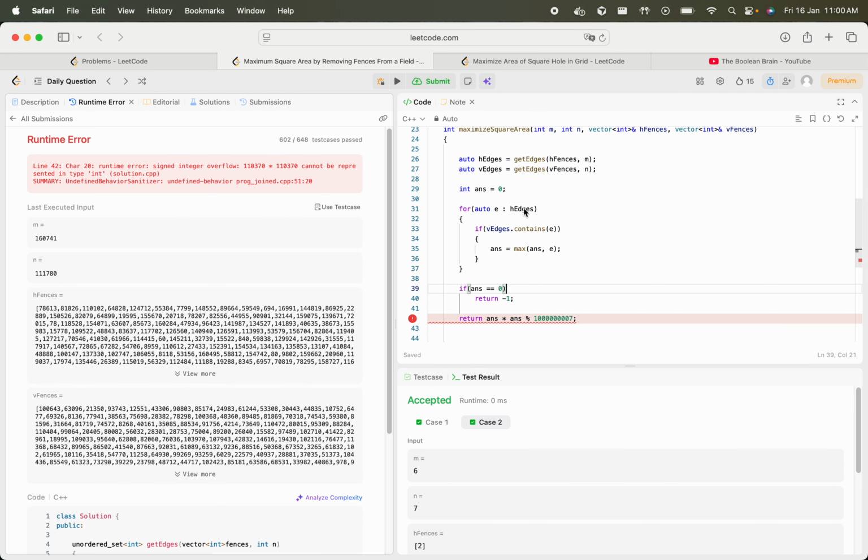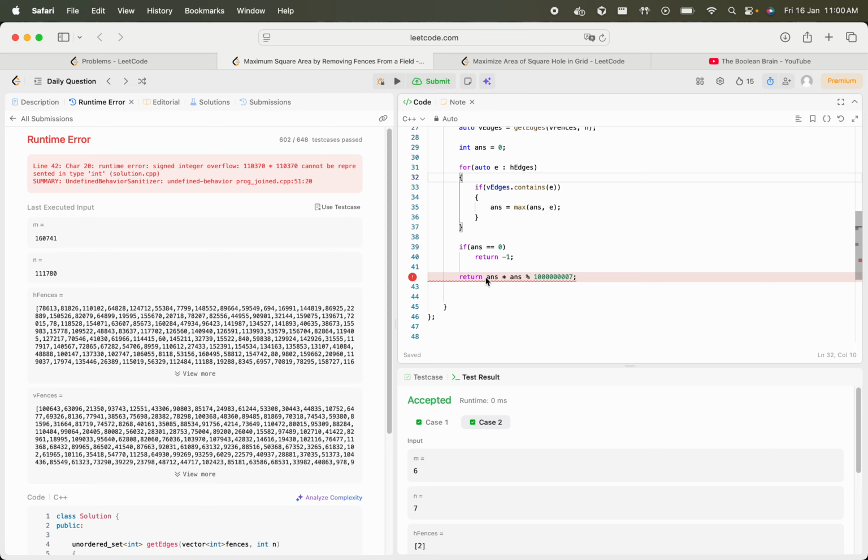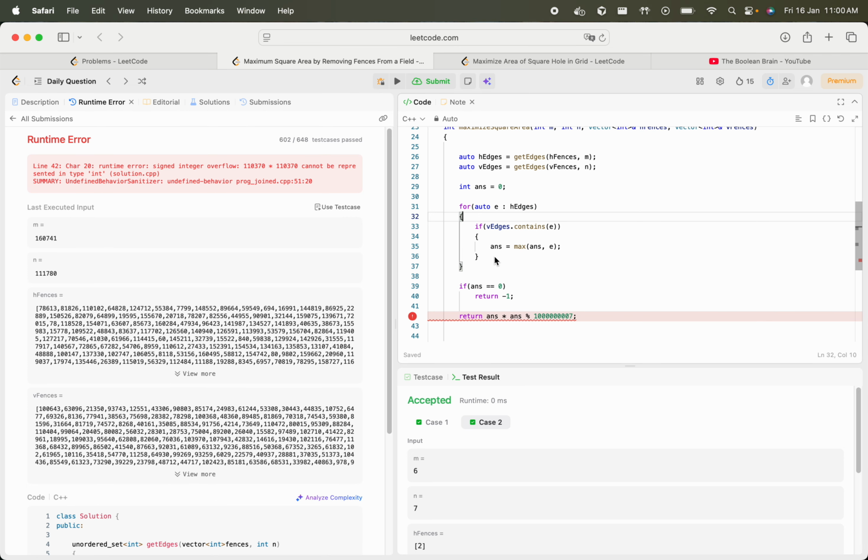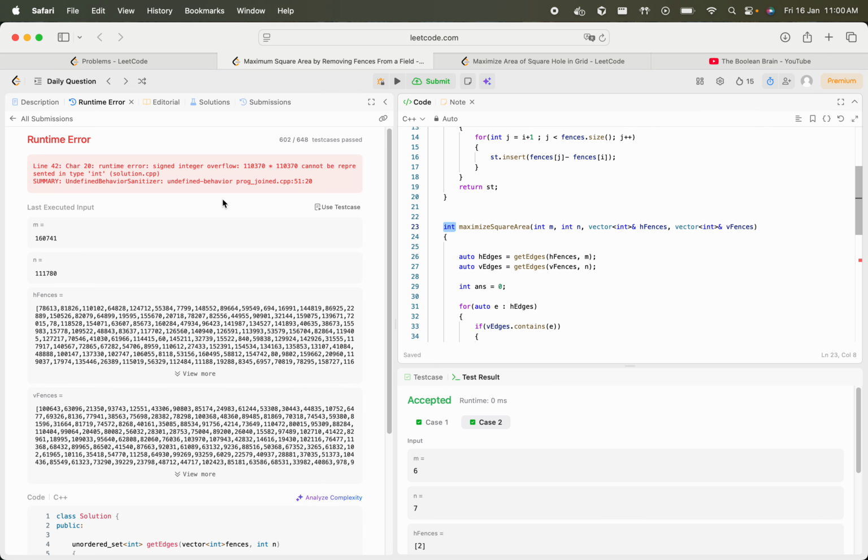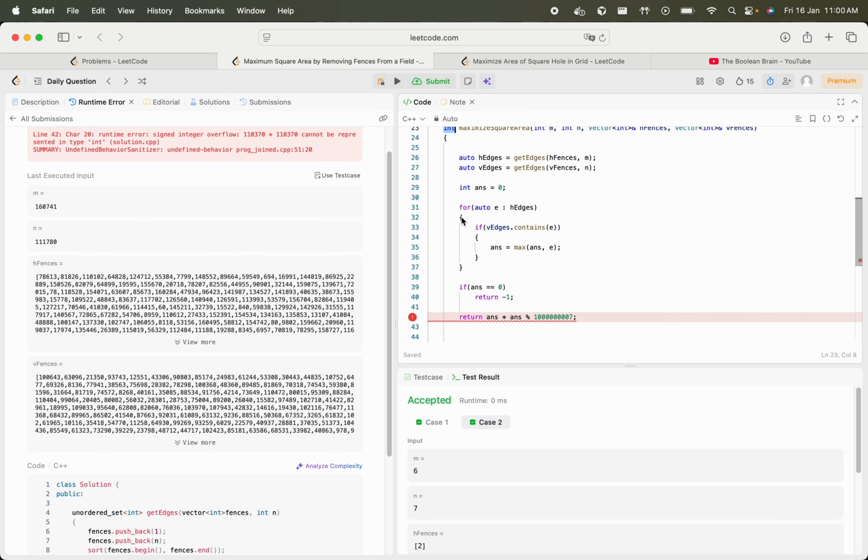Cannot be converted into int. Okay, we are returning the int.